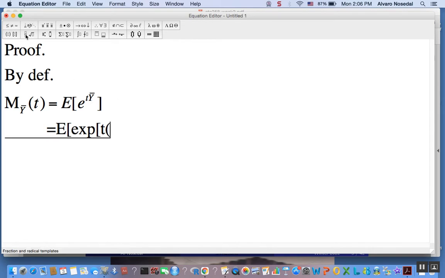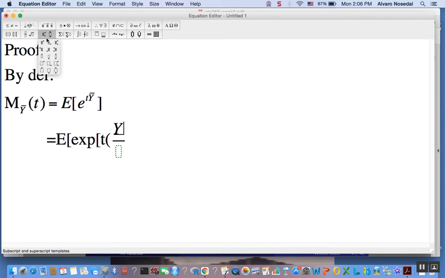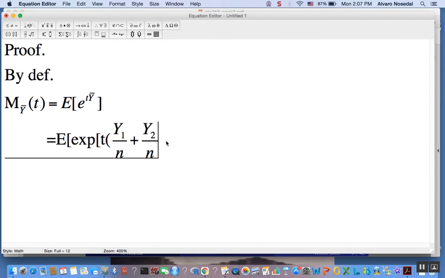One way of thinking about y bar is the sum of the yi's divided by n, which would be the same as y1 divided by n plus y2 divided by n, and so on, yn divided by n.